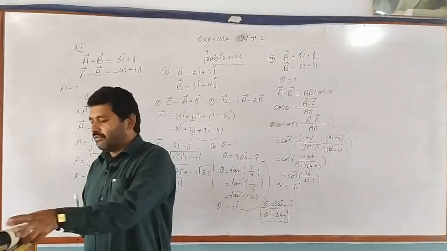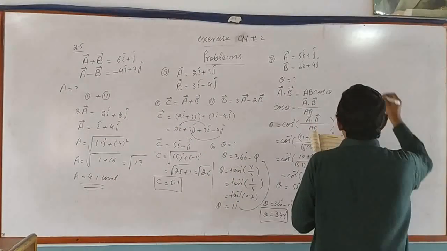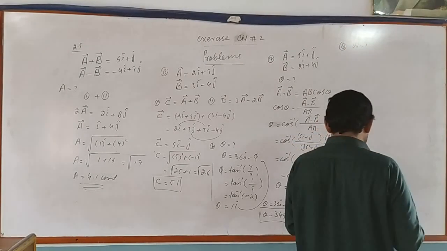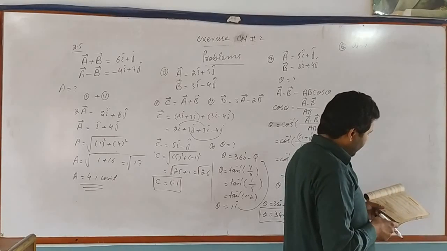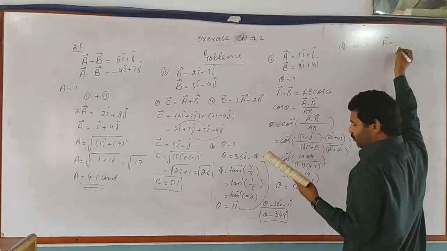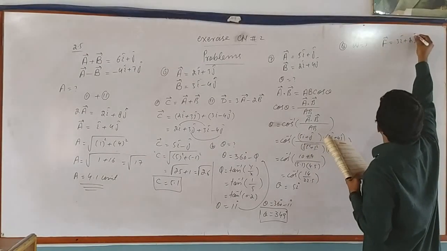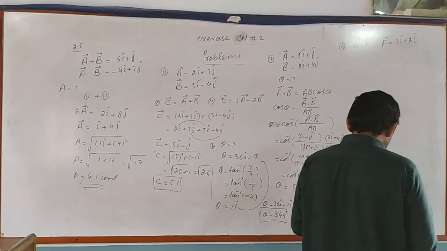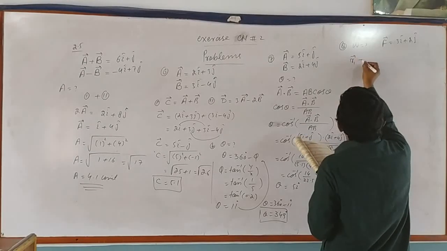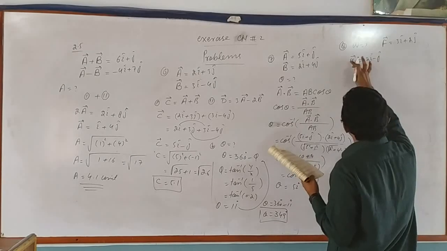Dear students, numerical question number 8 is to find the value of work done, capital W. We have to find it when the point of application of force, vector F, is equal to 3i plus 2j unit vector, and moves in a straight line from a point A. The position vector of point A, suppose R1, will be 2i unit vector minus j unit vector.